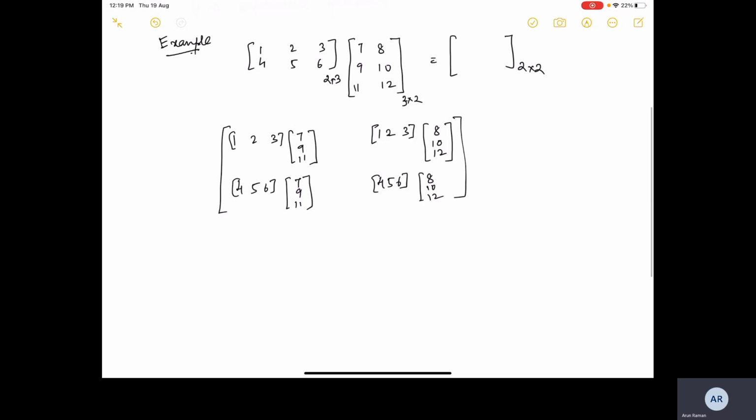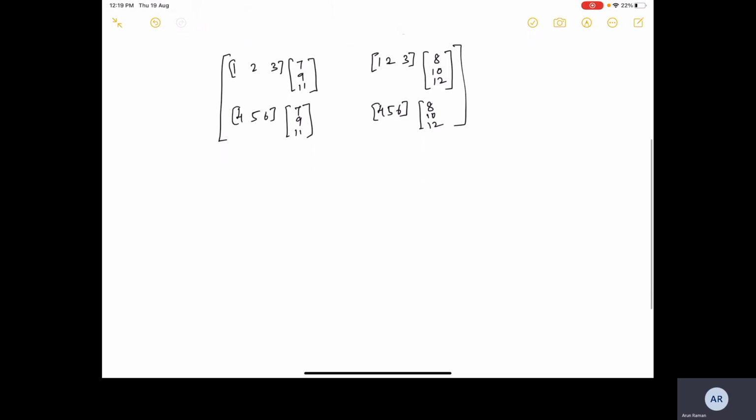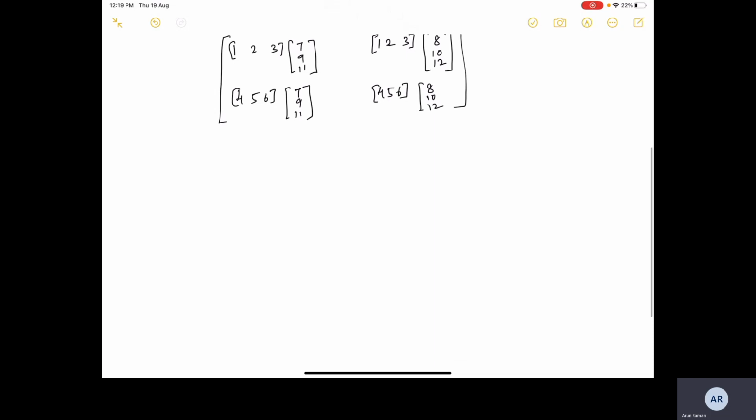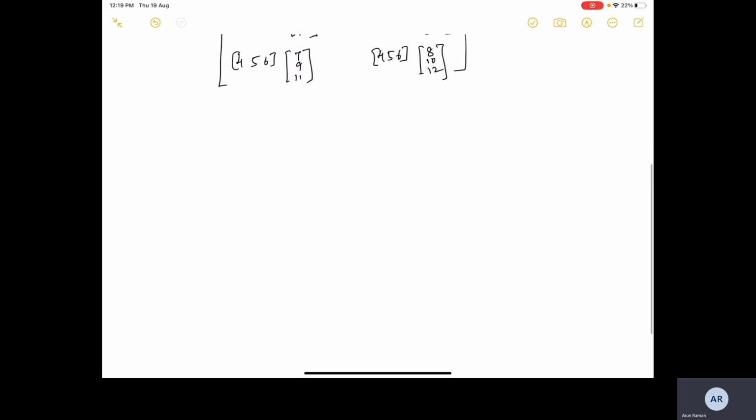This is the traditional way of doing this. But for the purpose of sampling, we do not know how to approach using this traditional method. So we will slightly change our perspective on the way we look at matrix multiplication.